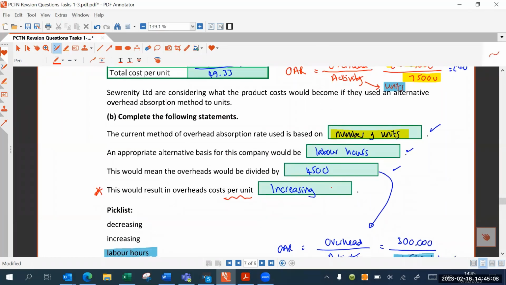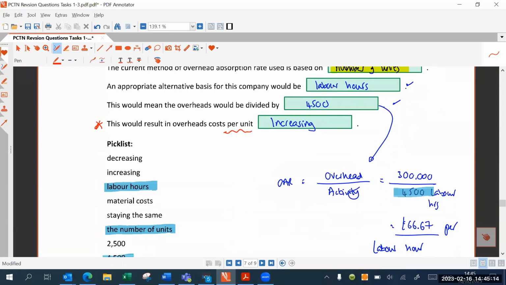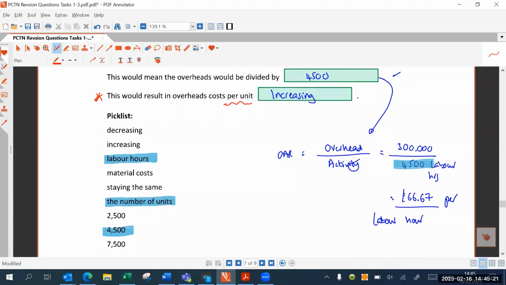It doesn't mean a unit in this case is £40 for one complete unit, and then the unit here is a labour hour. It's talking about a unit of our finished product. So the question actually means this would result in the overhead cost of a unit of production. And then the options are increasing, decreasing, or staying the same.